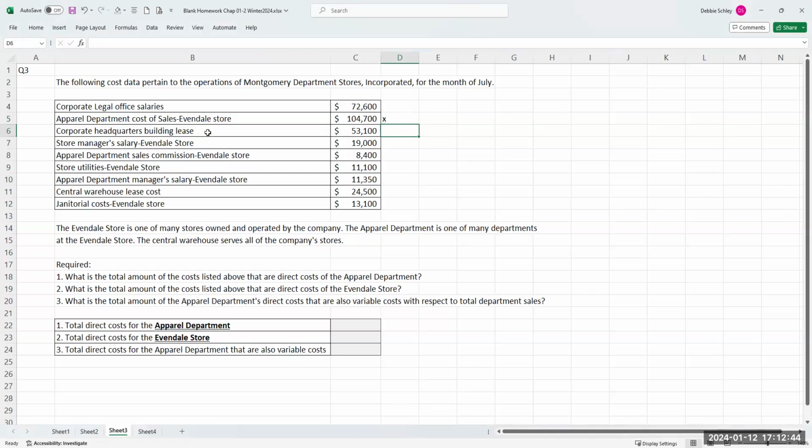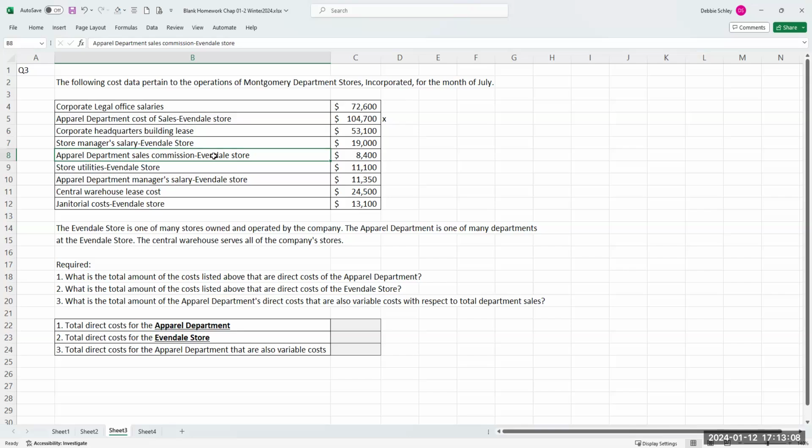that is direct to the apparel department. Store manager's salary at the Avondale store. Now that one's a little tricky because that's direct for the store, but that is indirect for the apparel department. So I don't want that one for required one.